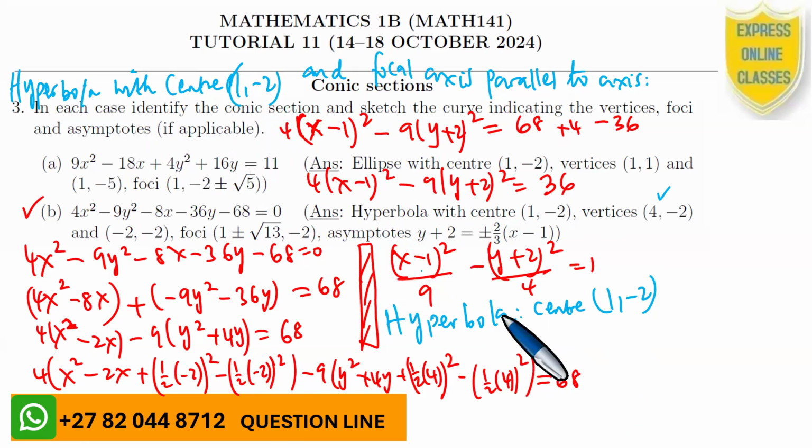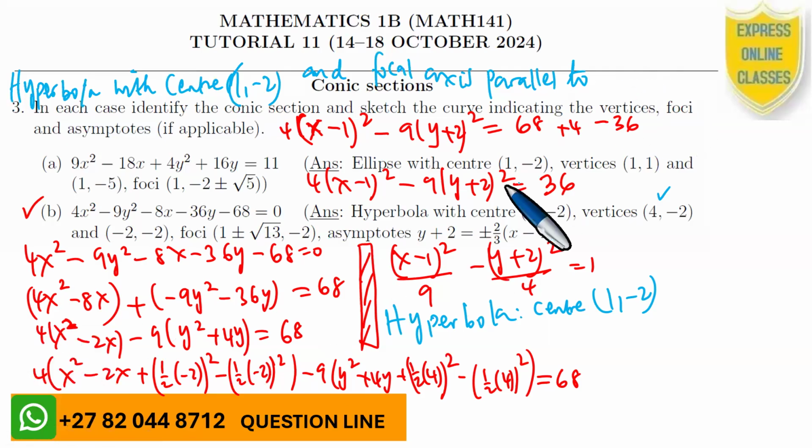It is a hyperbola with center (1, -2) and focal axis parallel to the x-axis, because x is positive. Because the x has a positive, the y has a negative.